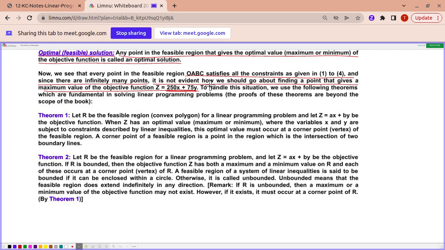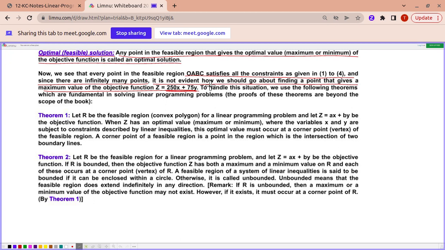In the present problem of the furniture dealer, we need to find the maximum value of 250x plus 75y. So for what values of x and y will 250x plus 75y be maximum? That depends on the following two theorems.